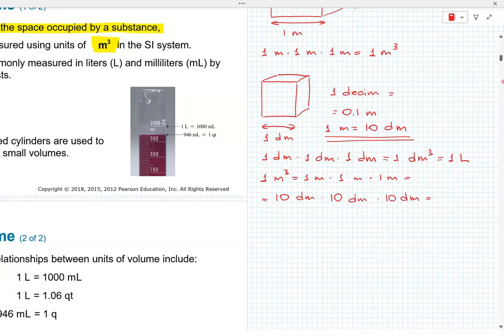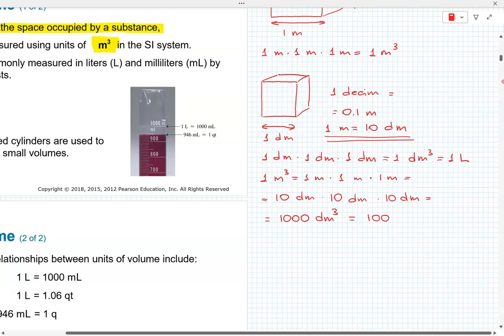So what is the number that we get as a result? If you multiply 10 by 10 by 10, what is it? 1,000. Okay? 1,000 decimeters cubed. Everybody agrees? Yeah. But instead of decimeters cubed, yes.